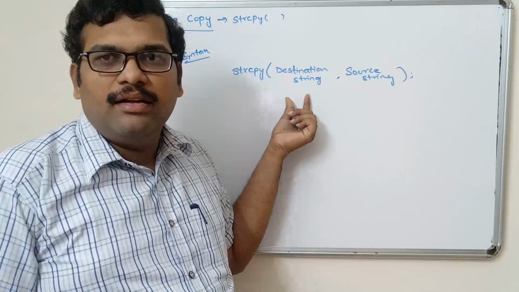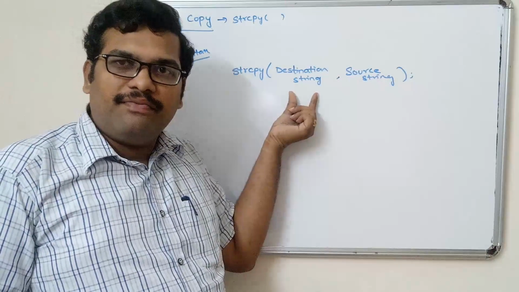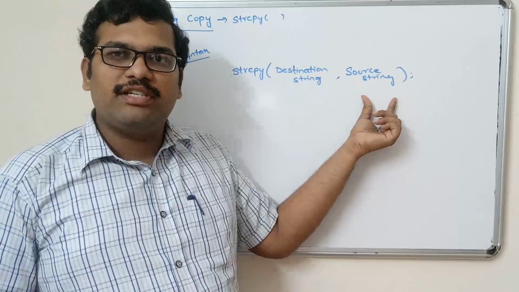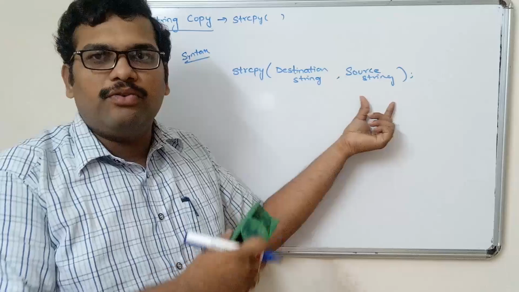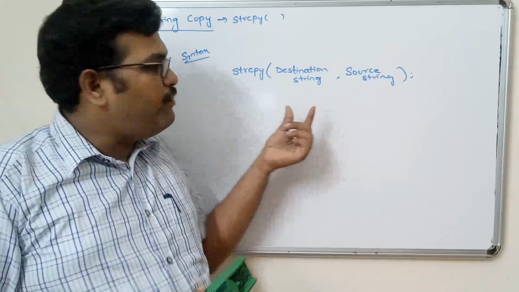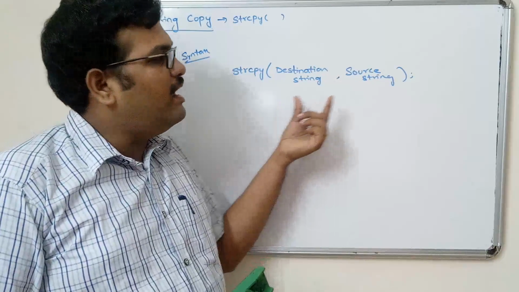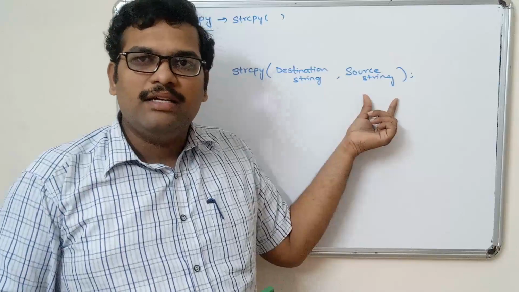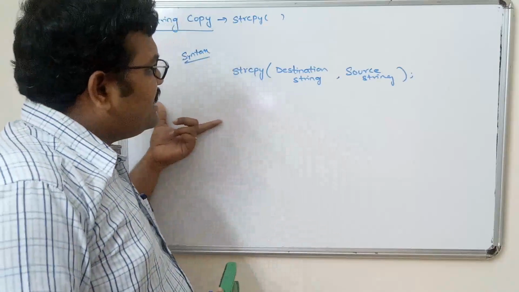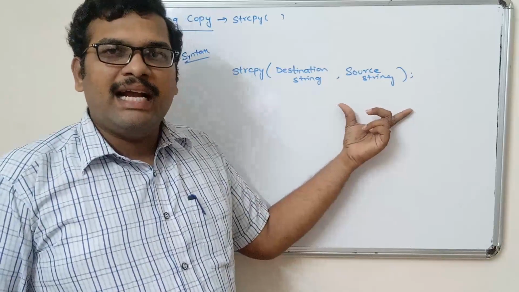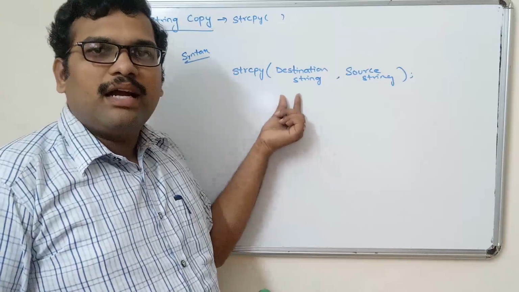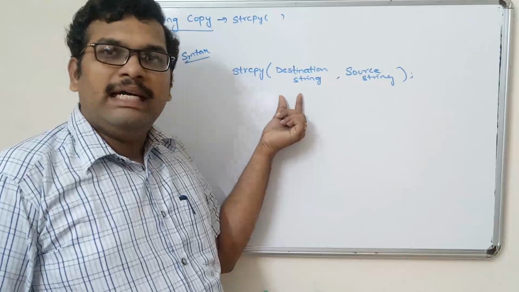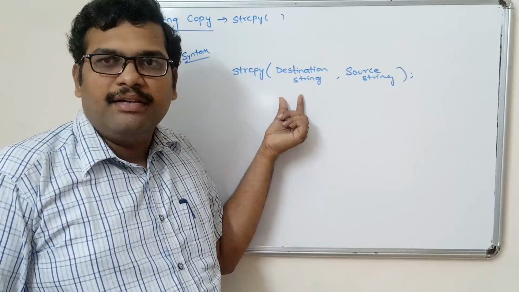And the next is the source string, that means which content should be copied to the second string. So first we write the destination string, and the second one the source string. So this statement implies the content of the source string is copied to the destination string.